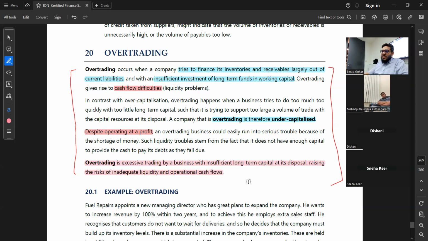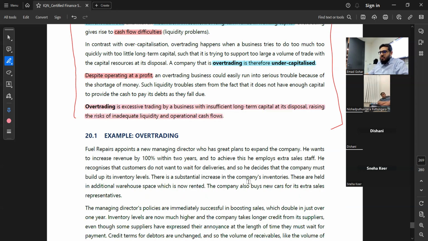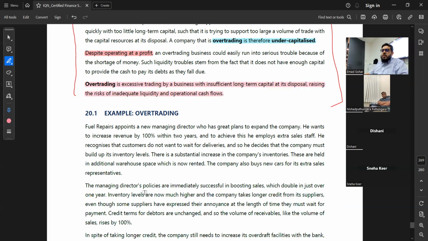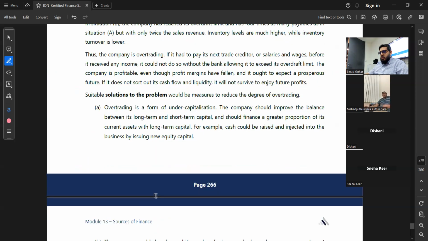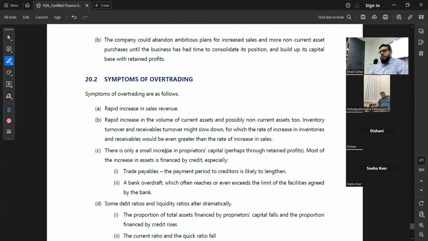Okay, so anyways, my friends, see this example they are giving you. I think you can read through it later on also. What are the symptoms of overtrading? So you have a rapid increase in sales revenue. Again, can you remind me what is overtrading?